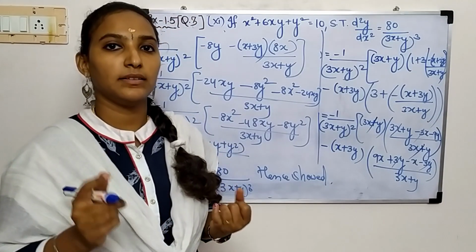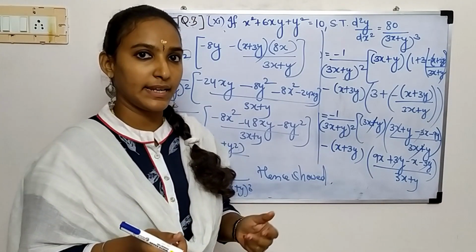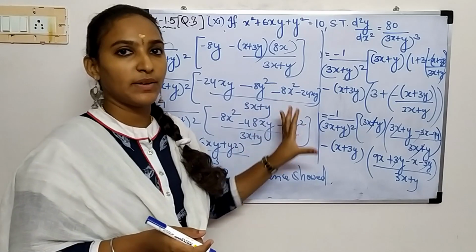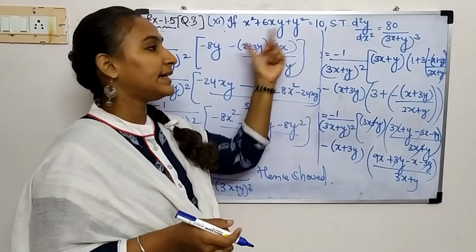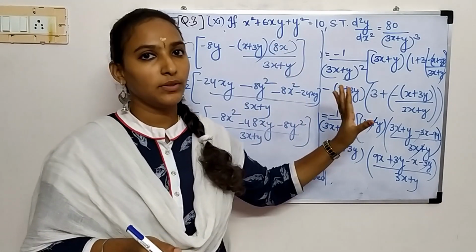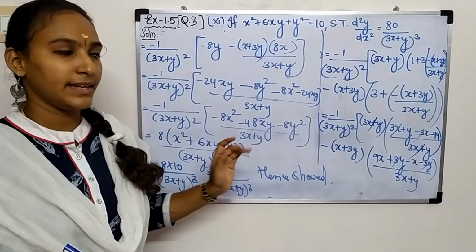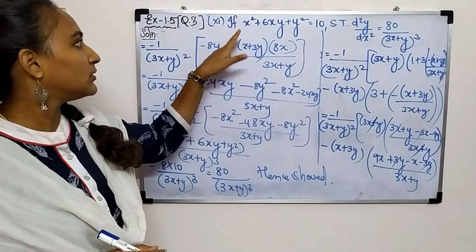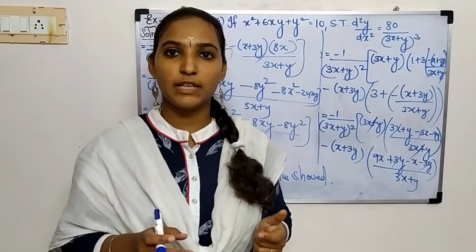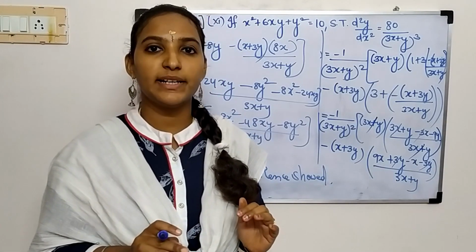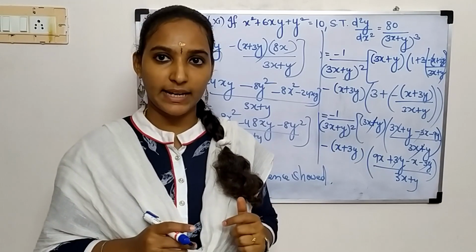First you have to find the first derivative, then the second derivative. Then using dy by dx and the data given in the question, we have proved this. So hope the solution is clear. The answer is quite lengthy, but the simplification is not at all difficult. Please practice it again and again.